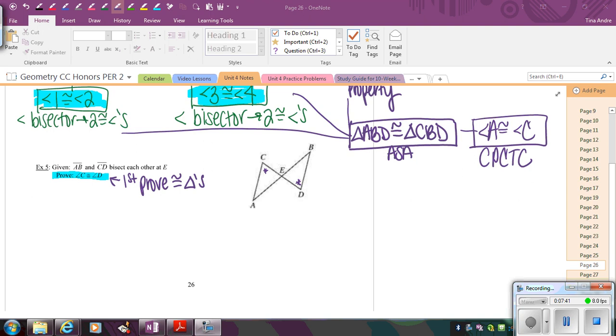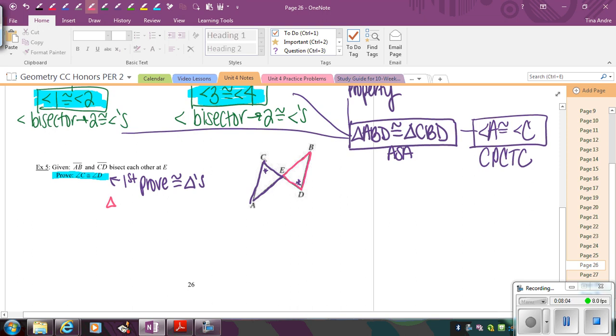So let's look at the triangles that these angles belong to. So angle C is going to belong to triangle ACE, and then angle D, we just connect it, make a triangle out of it, it's going to be triangle DBE. So the triangles that we're going to prove are congruent.